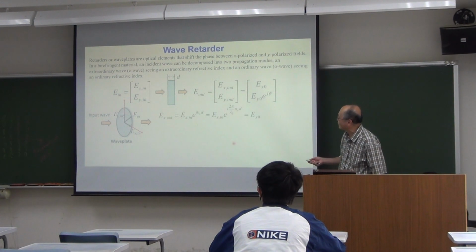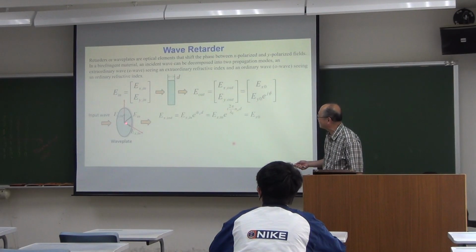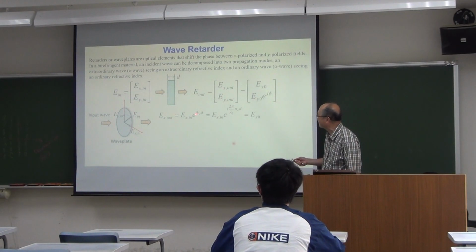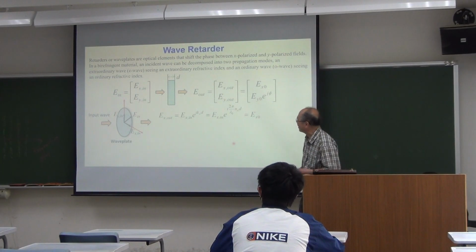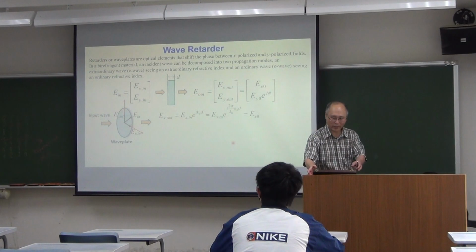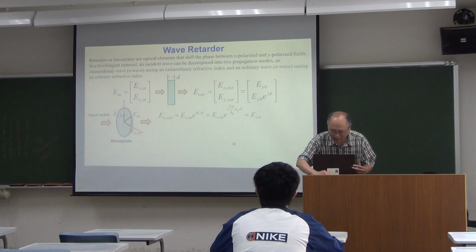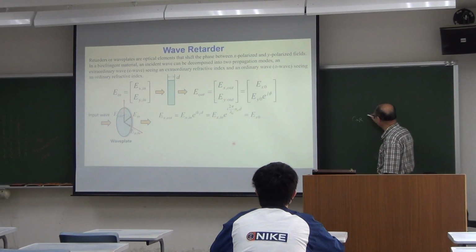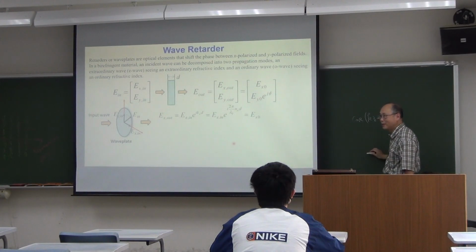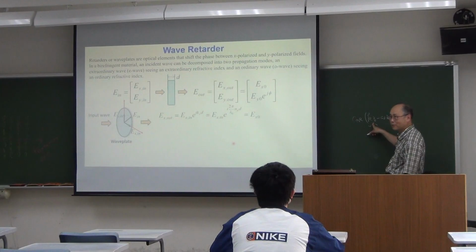And then for the X component and Y component, imagine that the acquired phases are different. For the X component, you have the propagation constant kx propagating along the Z direction for a thickness of d. So it turns out that you have this term in your calculation. Remember that you have a cosine of kz minus omega t kind of expression, and the phase accumulation comes from this term.